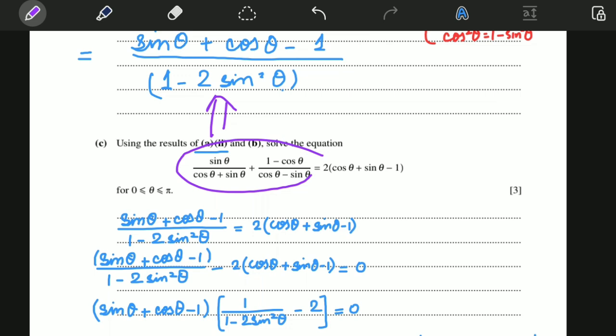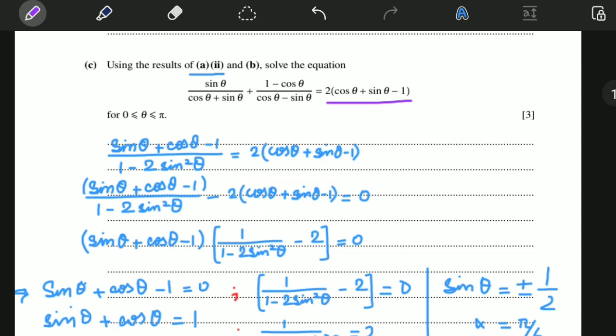So we are writing the left side equal to (sin theta plus cos theta minus 1) over (1 minus 2 sin square theta). Then this is equal to this right hand side. Now shifting this side to your left hand side, you can simplify it this way, that this term cos theta plus sin theta minus 1 is common in both places.